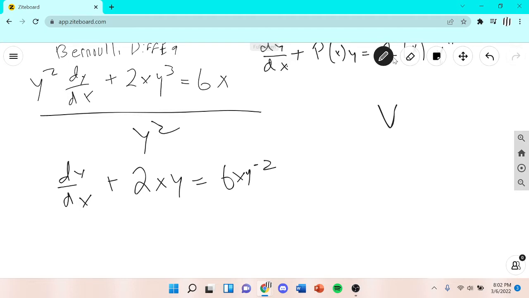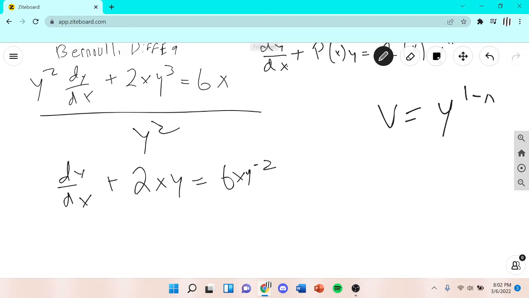It's similar to the integrating factor, but not exactly the same. We use this variable to solve the differential equation.